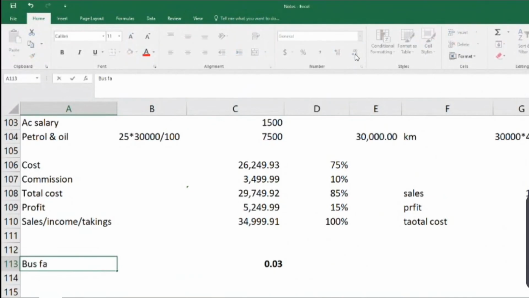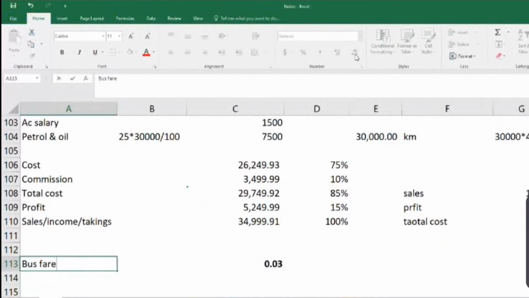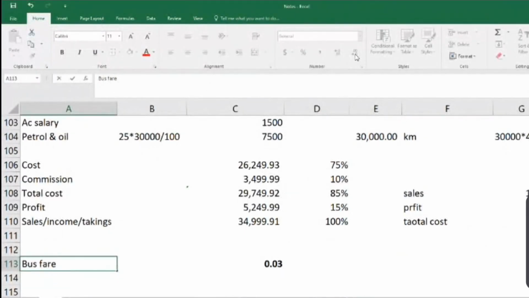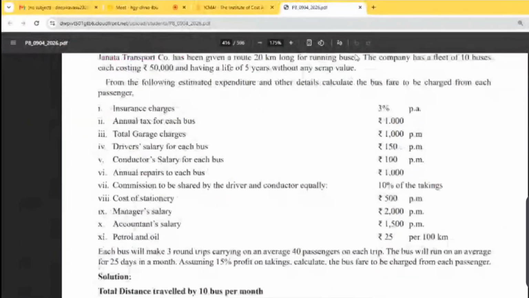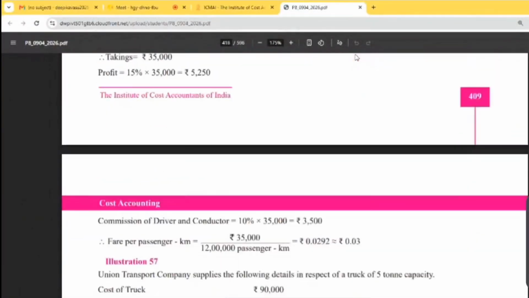Bus fare for each passenger kilometer. Okay, we are done with this sum. It is very easy sum only, nothing much to complicate.